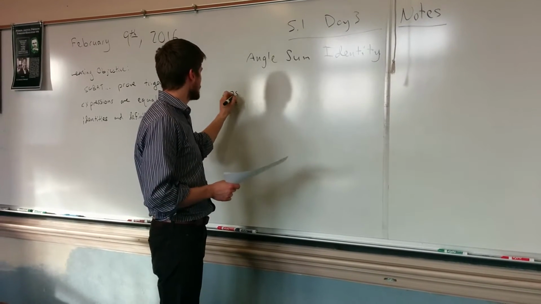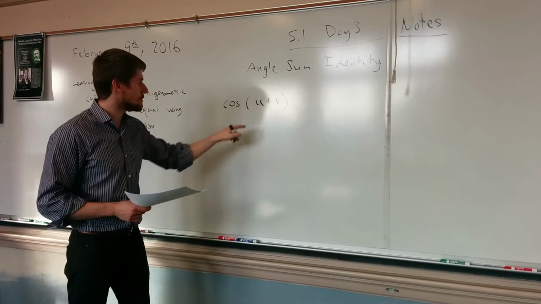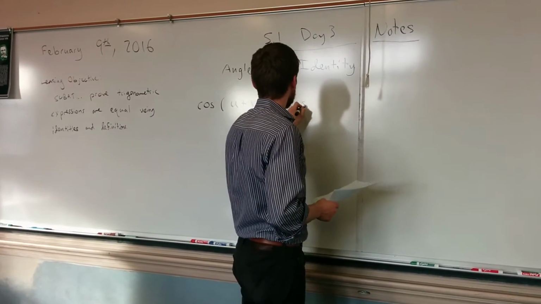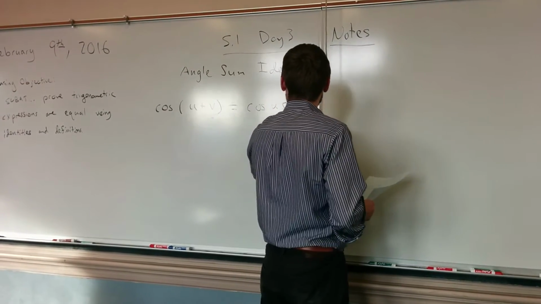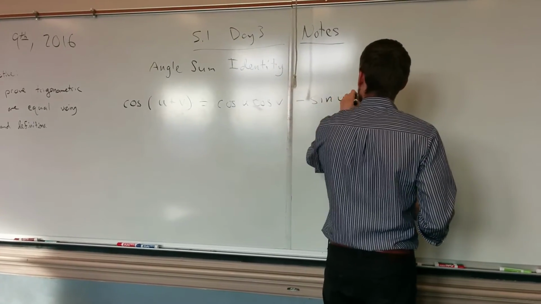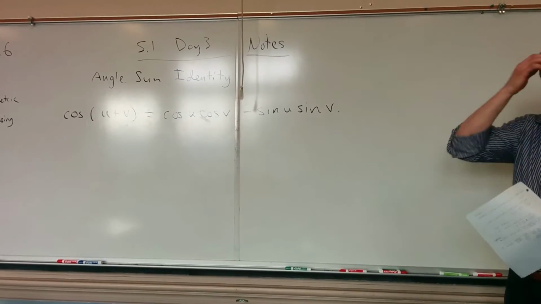So cosine of the addition of two angles, u and v, is equal to cosine of u, cosine of v, minus sine of u, sine of v. So that's the angle sum identity for cosine.